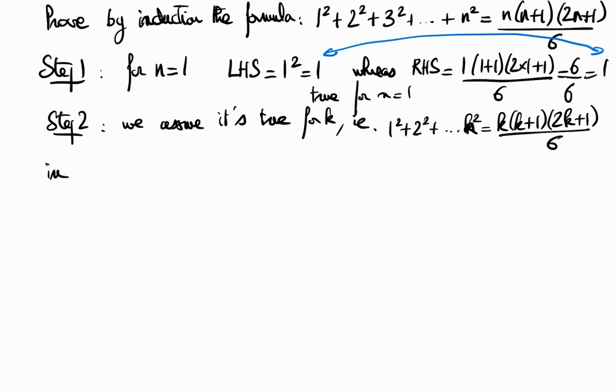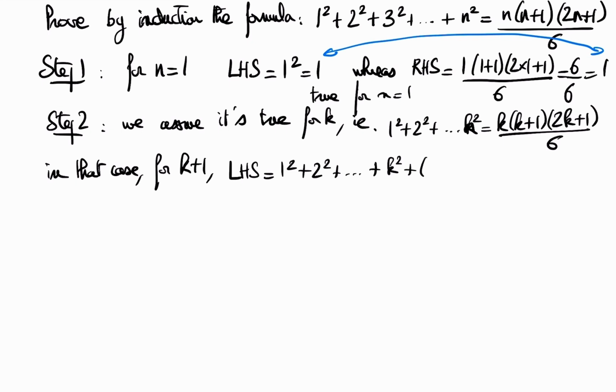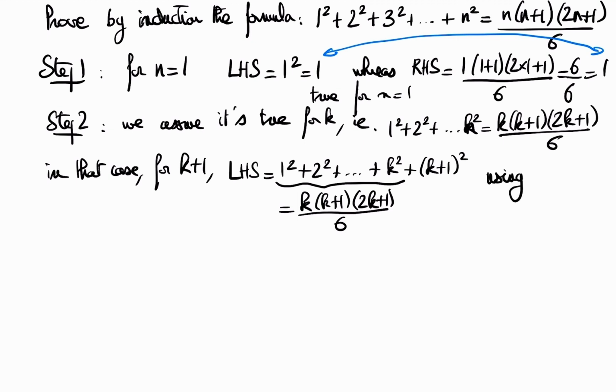Now, in that case, for k plus 1, the left-hand side is equal to 1 squared plus 2 squared plus ... plus k squared plus k plus 1 squared. This, using our assumption, is equal to k times k plus 1 times 2k plus 1 over 6. So I'm just going to say using our assumption.